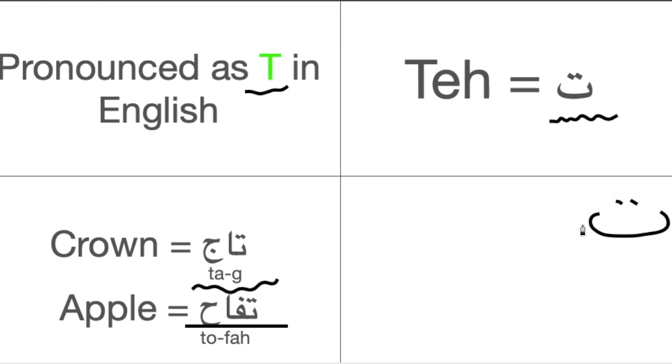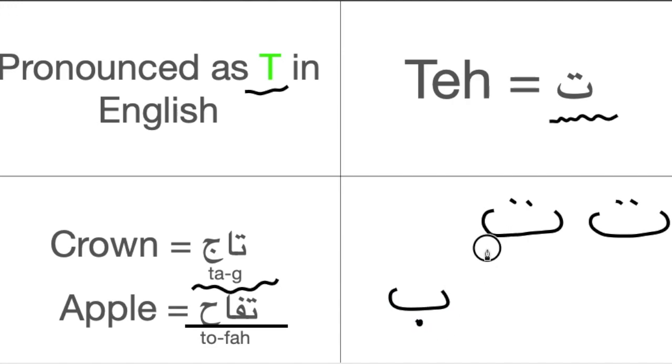This is T. Again, your dinner plate with 2 dots on the top. I just want to remind you that previously we learned B, which is your dinner plate again, with only 1 dot on the bottom.